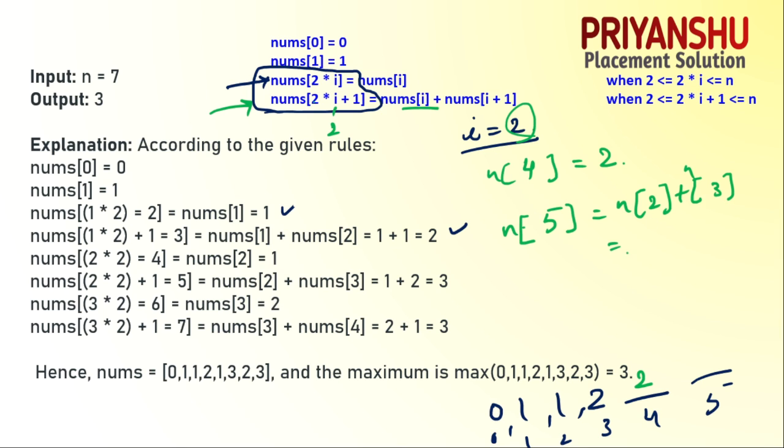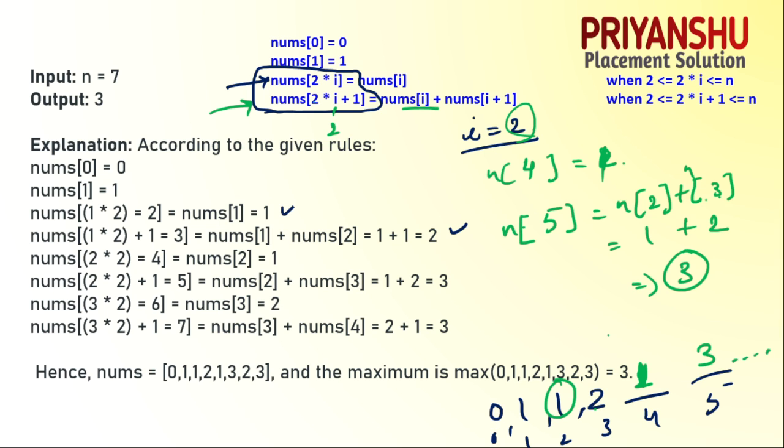So nums of 2 is 1 plus nums of 3. Oh, here I need to take 1, sorry: nums of I is nums of 2, and that has 1, so here it is 1, not 2, sorry guys. In a similar way, nums of 3 is 2, so the answer is 3, so we will put 3 here and so on.